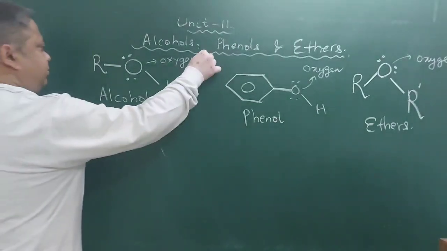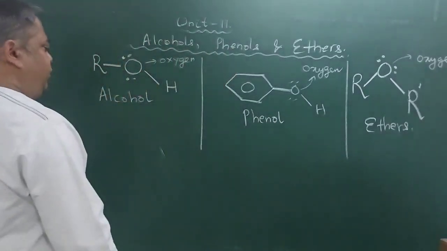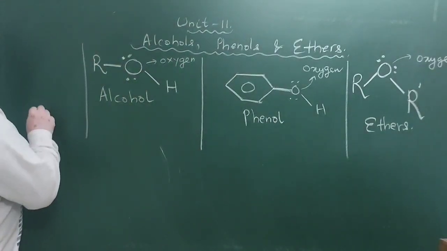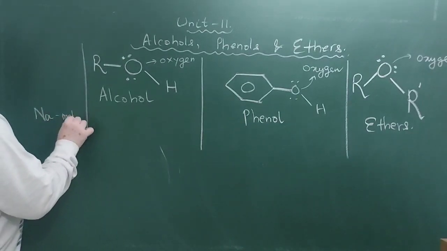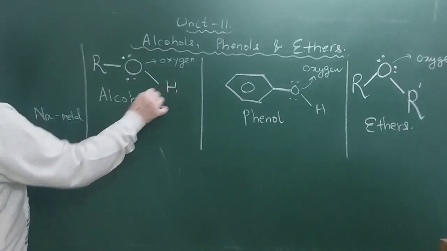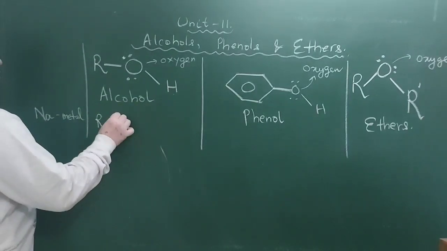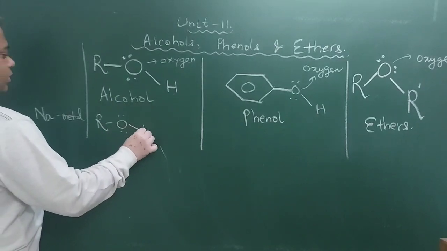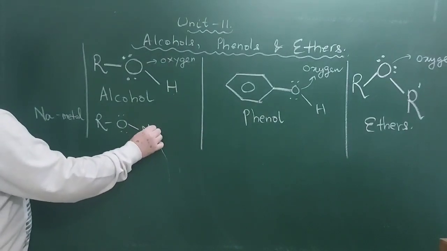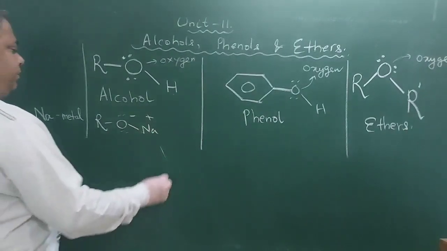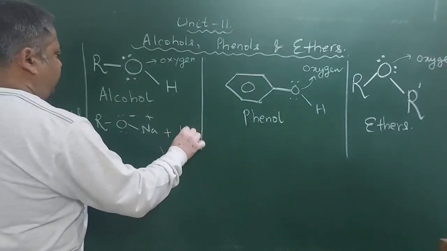Like, if you treat this with sodium metal, then it will give out its H plus and will form RONa, sodium ethoxide or sodium alkoxide, and hydrogen will come out.